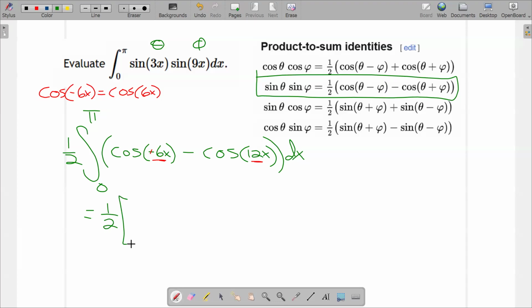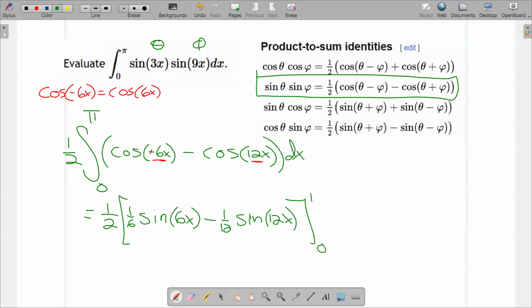And antiderivative for cosine should be a sine. 6x stays in there. If we took the derivative of the sine of 6x, we'd get the cosine of 6x times 6. Since the times 6 is missing, we have to adjust with a 1/6 for the antiderivative. Similarly, this one will be a minus 1/12 sine of 12x.